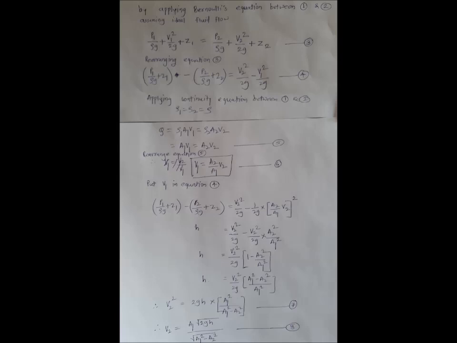Taking the square root of equation 7, the square root of A1 square is A1, the square root of 2gH is root of 2gH, and the square root of A1 square minus A2 square is root of A1 square minus A2 square. So V2 is equal to A1 root of 2gH upon root of A1 square minus A2 square. This is equation number 8.